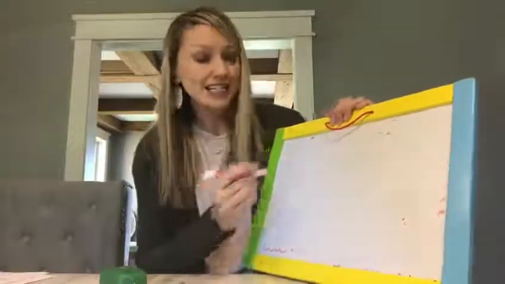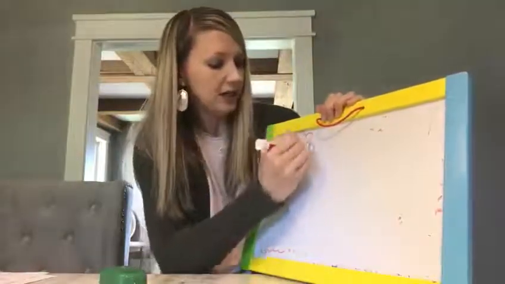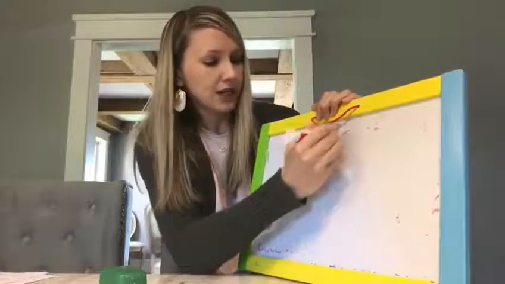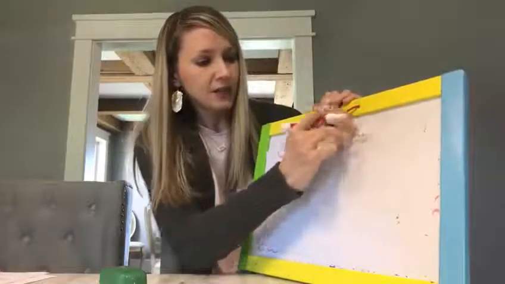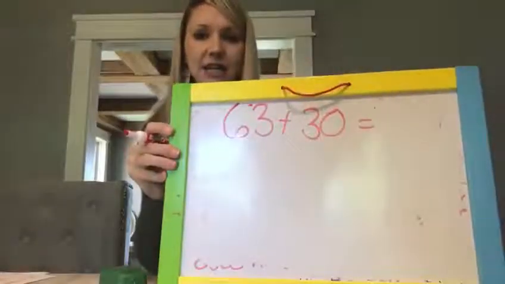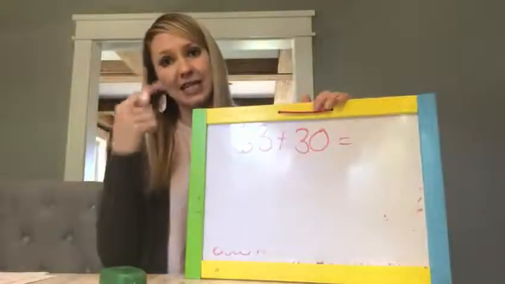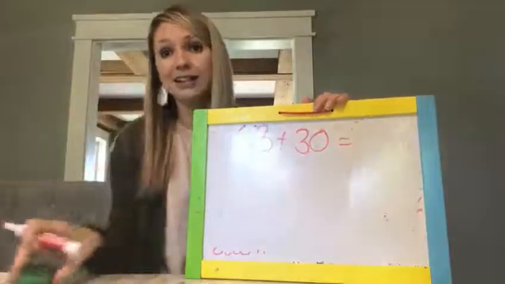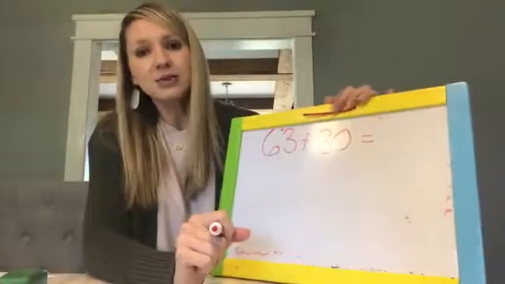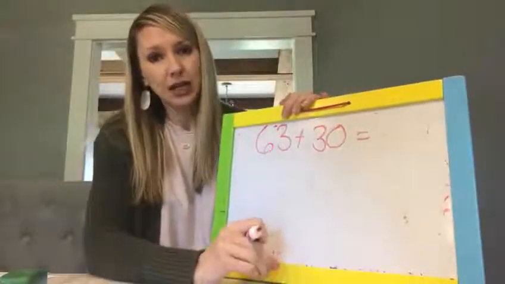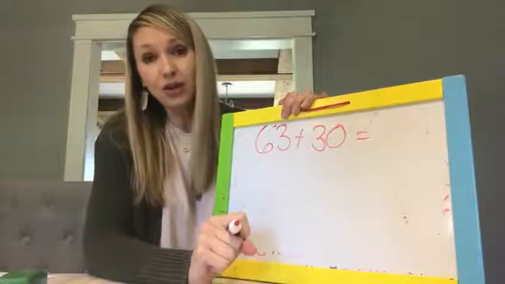Let's do 63 plus 30. So that's going to be a multiple of 10, my 30 right there, because if I'm counting by tens, 10, 20, 30. I'm going to start with 63 and count up by 30.